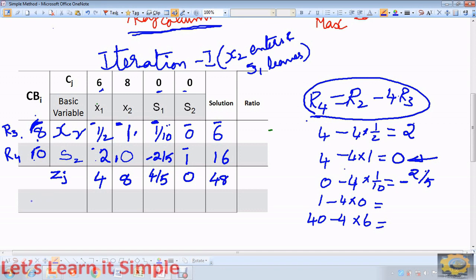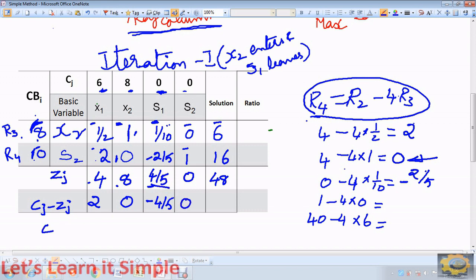Next we need to find Cj minus zj. So if you find Cj minus zj, 6 minus 4, it is 2 here. 8 minus 8, it is 0 here. 0 minus 4 by 5, which amounts to minus 4 by 5. 0 minus 0, 0 here.